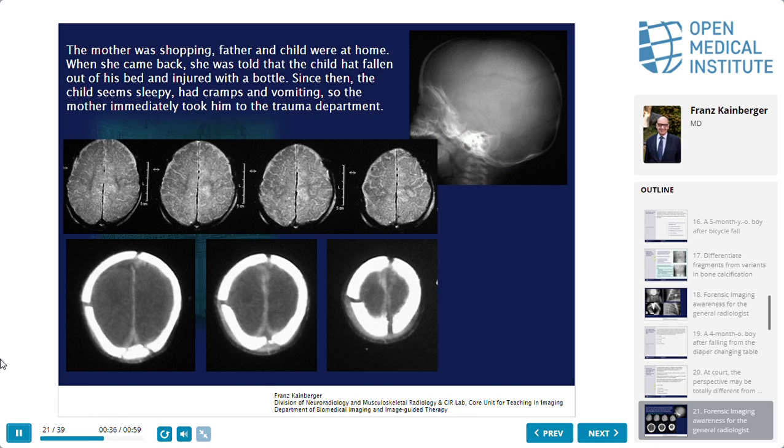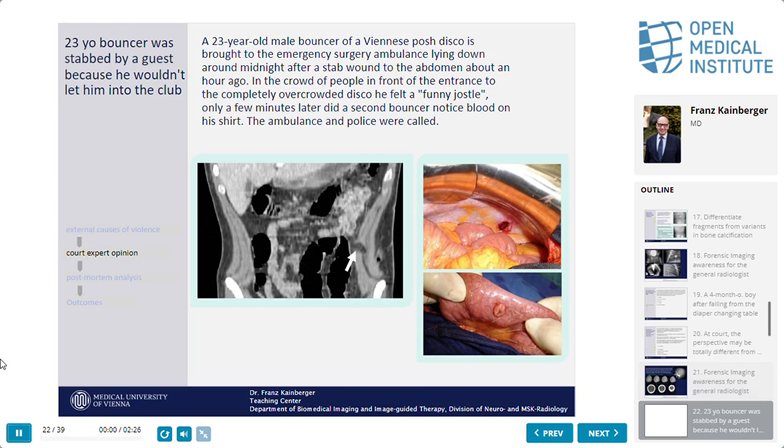It is one of those busy slides that I have here. You see also again a typical story, how parents come and try to explain what happened. And unfortunately, forensic imaging is such a wide field of knowledge that I can only mention it on one slide. This is another case, also a very typical situation.